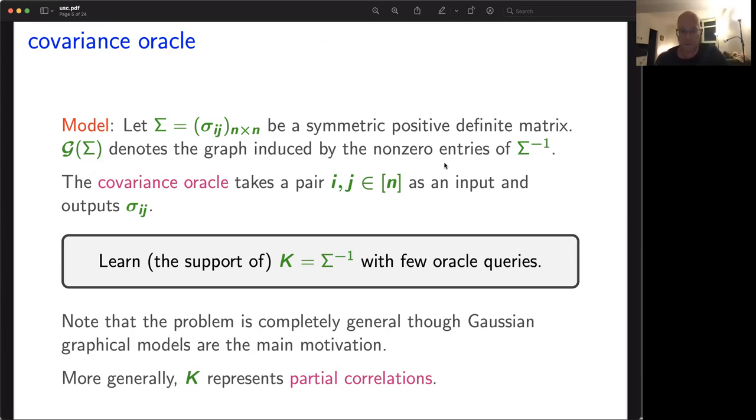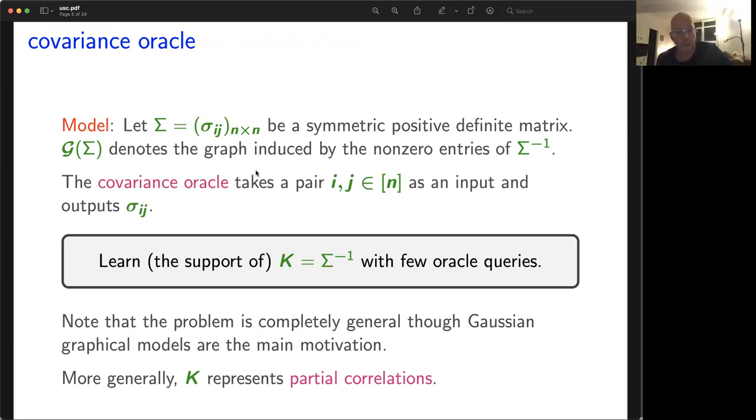So G of sigma is the graph that we want to find out, and what we are allowed to access is what we call a covariance oracle. At each step of the algorithm, we can query elements of this matrix. The type of question that we can ask this oracle is, what is the covariance between variable i and variable j? That would be the statistical application.